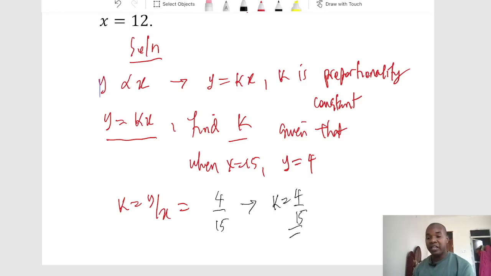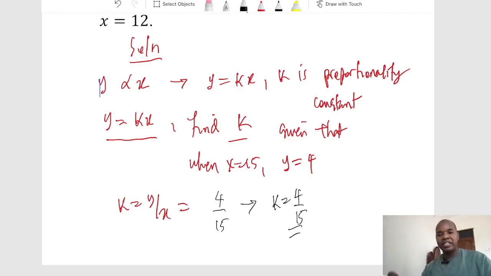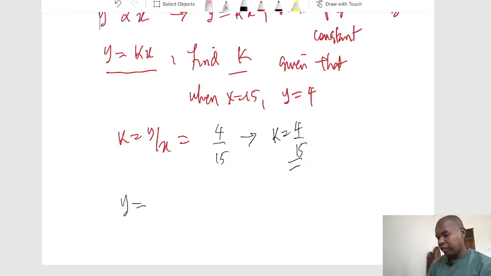Now you can write the equation connecting x and y. I can rewrite this equation here, so you'll have y equals 4 over 15 times x.